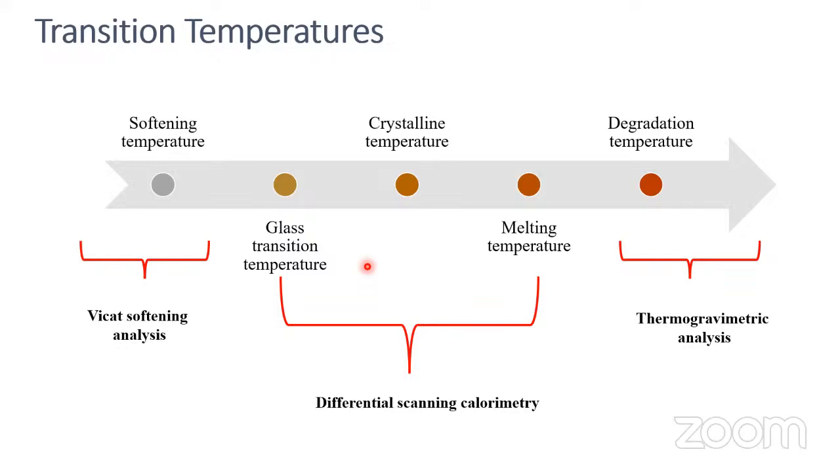It will get soft at the very first stage after providing the temperature or heat to the polymeric material. That temperature we can call the softening temperature or softening point. That can generally be analyzed by your Vicat softening analysis, or heat deflection temperature, HDT.